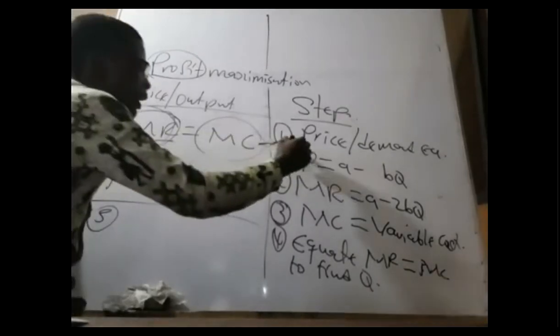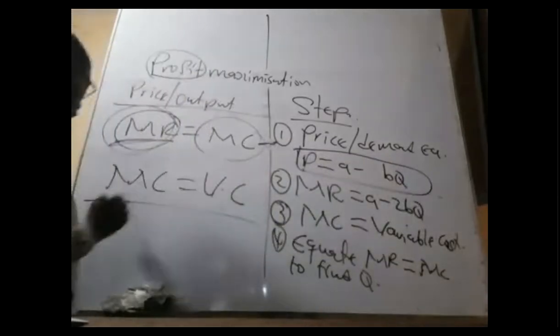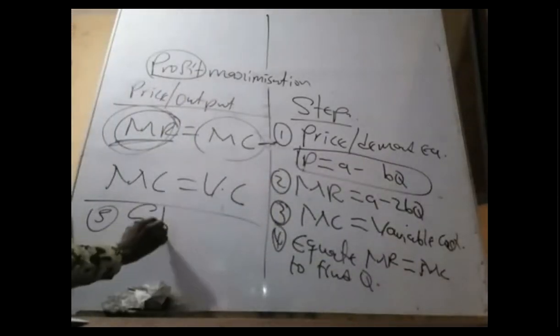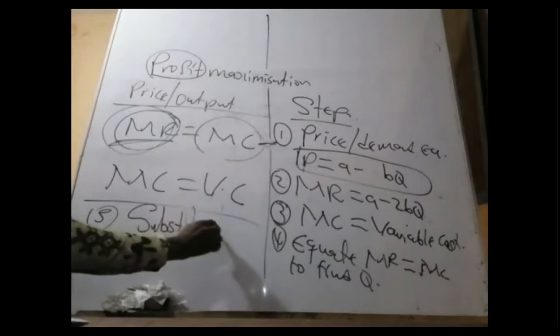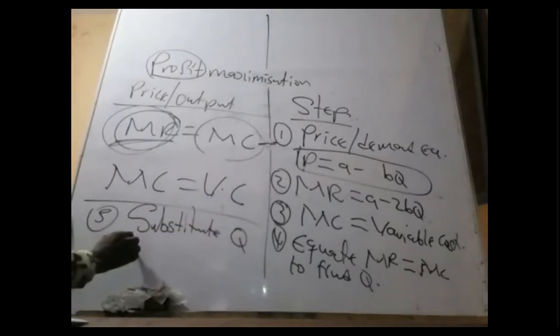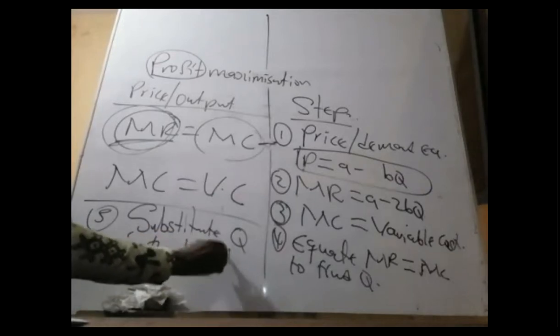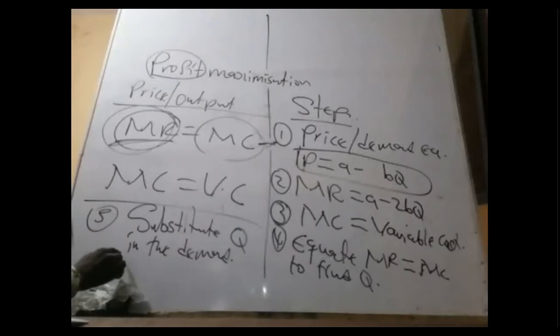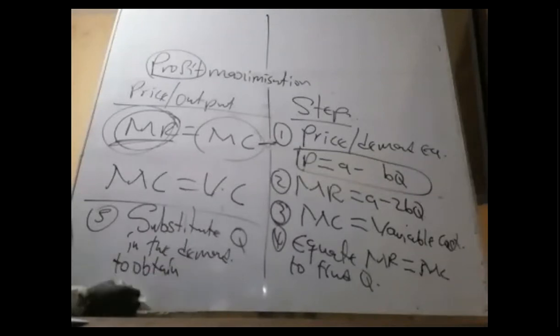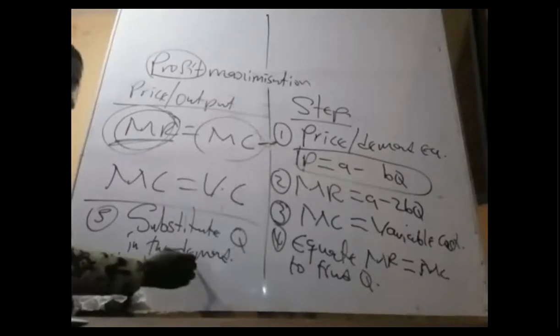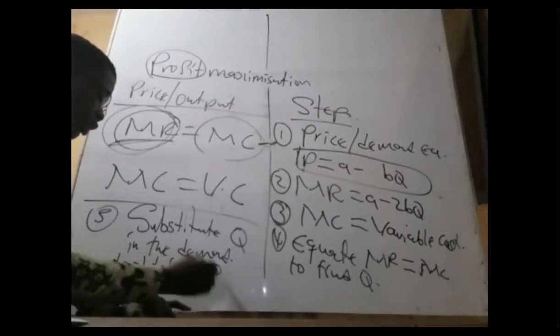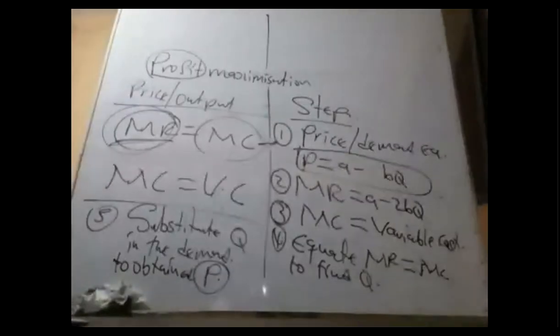Step 5: substitute Q into the demand equation to obtain the profit maximization price. To obtain the price, you obtain what? P. That is all. You got it.